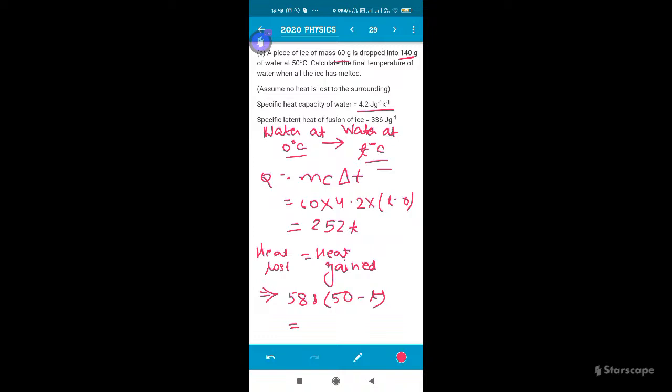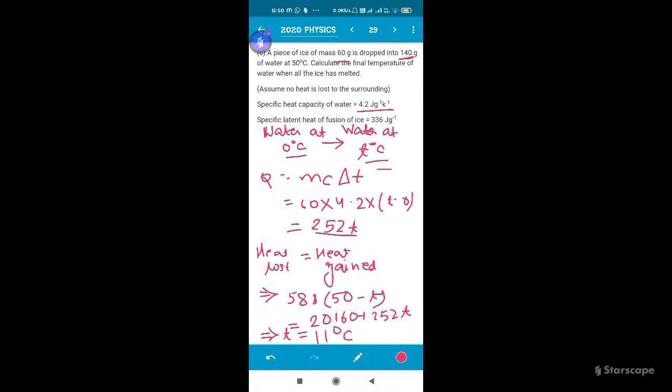This is one heat gained and this is the other heat gained. So we can write it like this, 20160 plus 252 T. If you solve it by using a linear equation, the final value of T comes up to 11 degrees Celsius. So this is T, the final temperature.